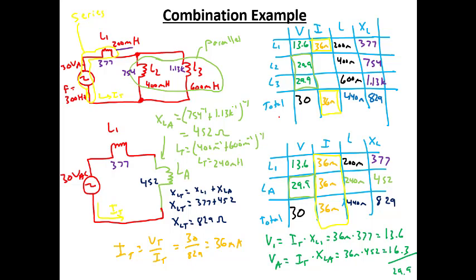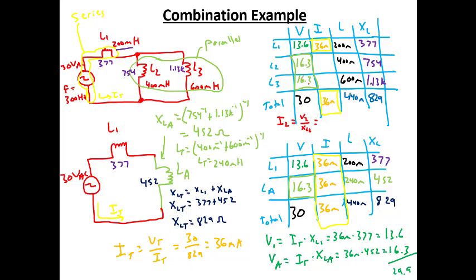So I would have I2 equals V2 over X sub L2. So that would be, oh wait just a second, I screwed this up. So this is not 29.9, excuse me. This is 16.3. I'm sure at home you guys all found that.